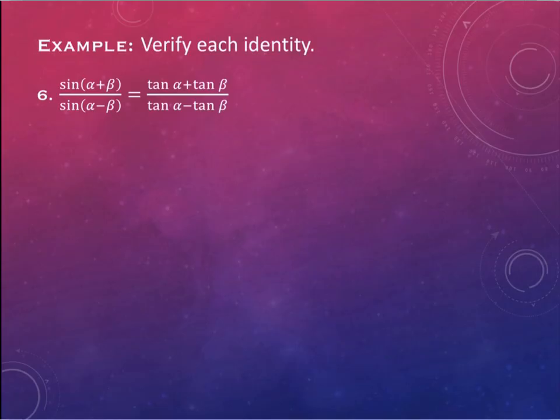So I'm going to start with the right-hand side. And instead of using any of the theorems in this section, I'm going to use a theorem, not a theorem, but an identity rather, that we've used before. Tangent. What's the quotient identity for tangent? The one you've already memorized from way back when. It's sine over cosine. And we're going to write that down for these, okay?